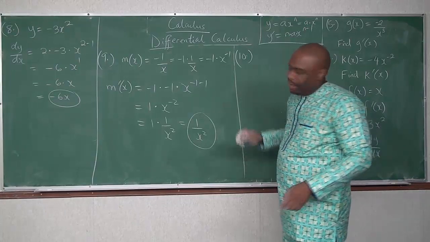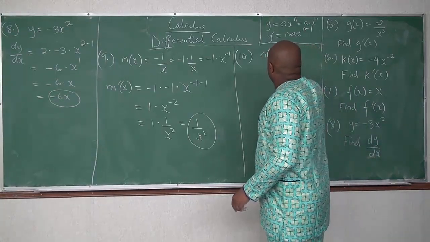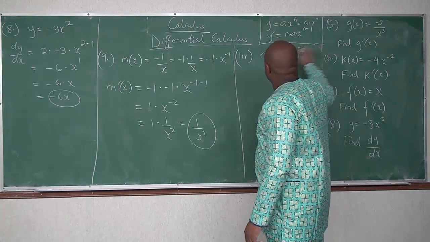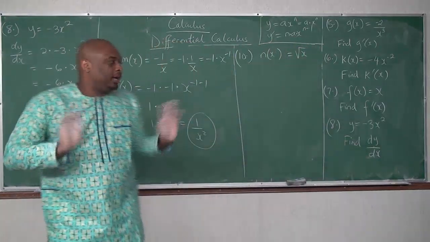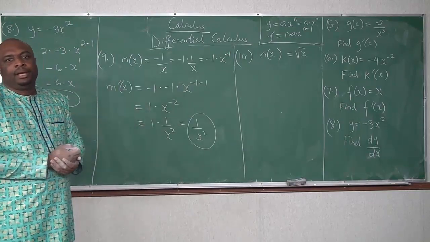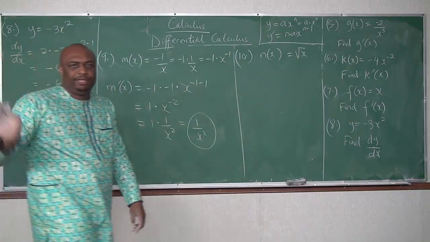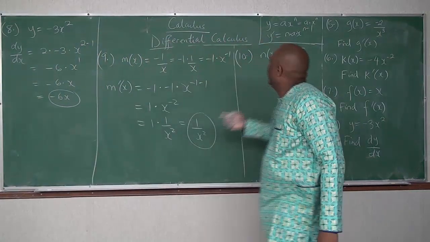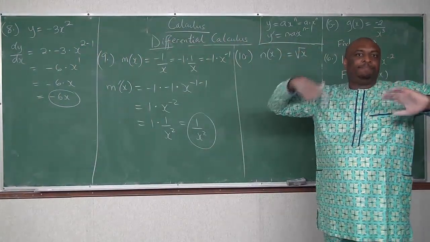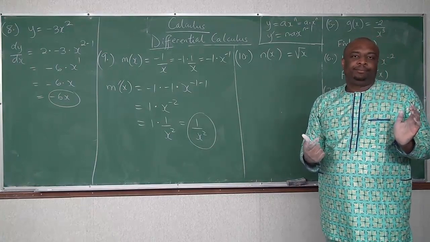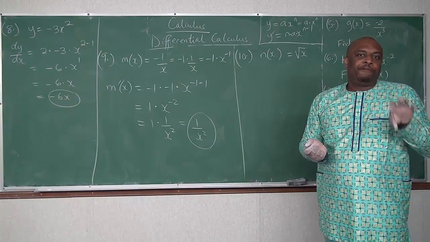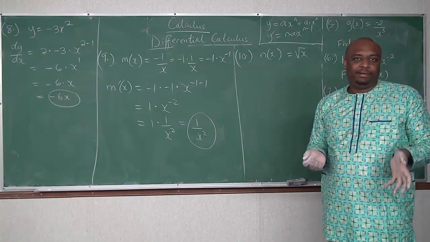We have n of x equal to square root of x. Okay. Don't be scared. I mean, we did this in exponents. Remember in the videos we did on exponents, square root of x, fractional exponents. Fractional exponents give you radicals.